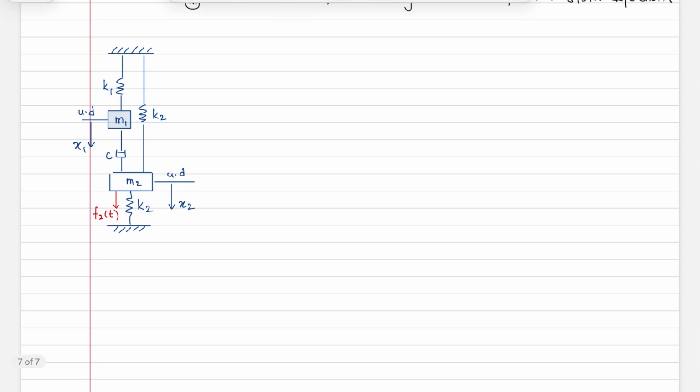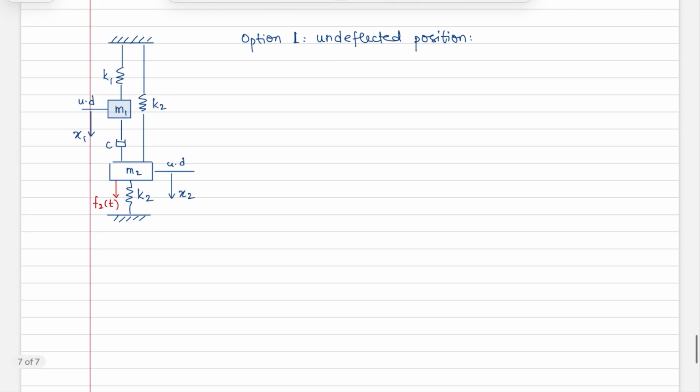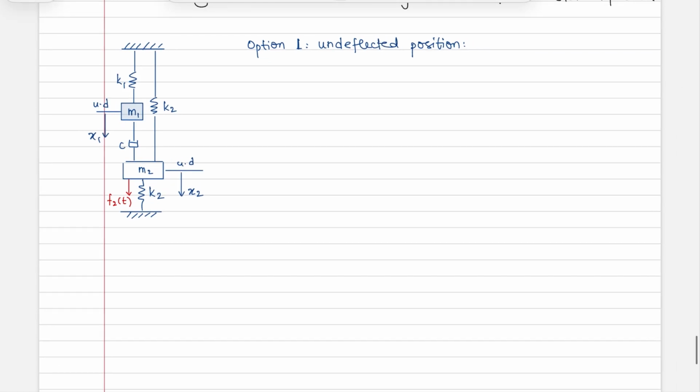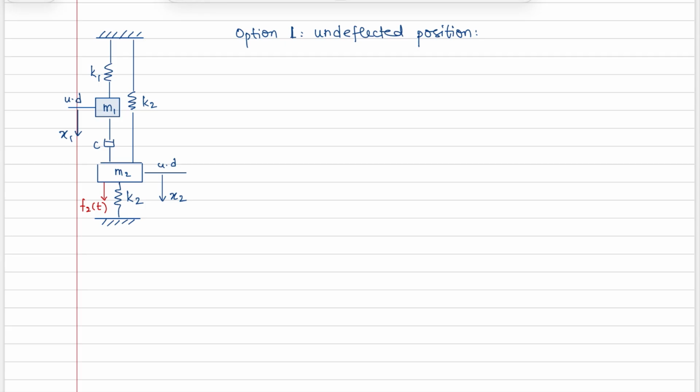So we're trying to obtain the equation of motion. We're doing option 1 from the undeflected position. In your equation of motion, will you have the gravitational terms or no? Let's find out. So in this case, spring 1, if it has moved from this undeflected position by x, what is the net force in the spring?